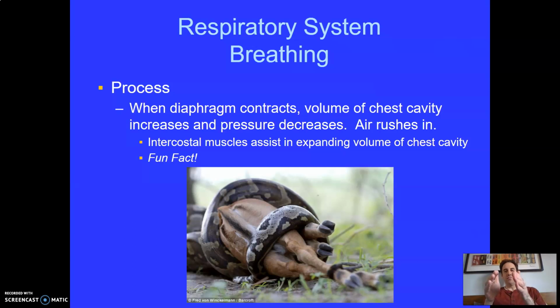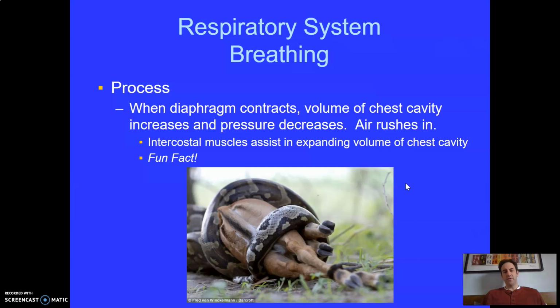And then you try and take another little breath, and you exhale and it tightens more, and pretty soon you can't. You're trying to get air into you, but you can't change the volume of your chest cavity anymore, and as a result, you can't get air in, and that's what actually kills you. So fun, tragic fact for you.